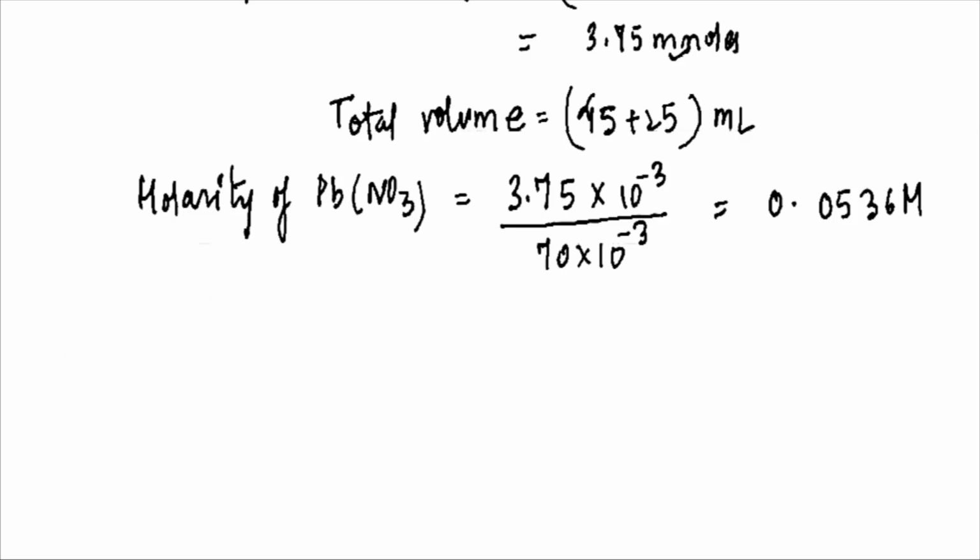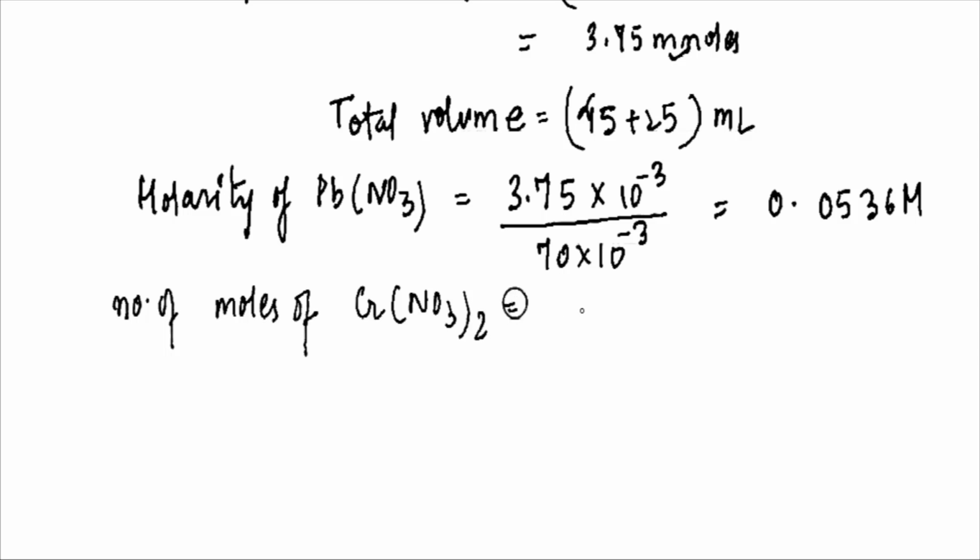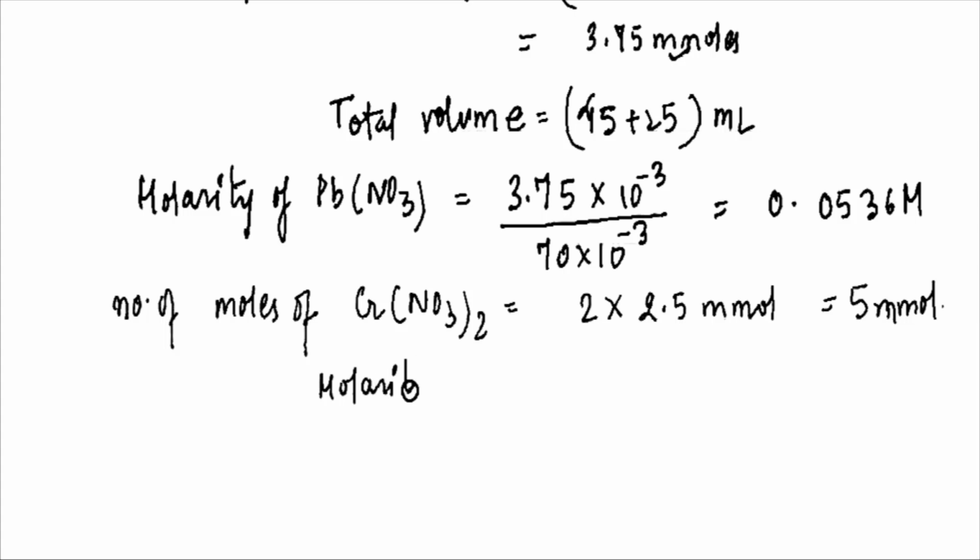Now we can go a little further. So let us calculate the number of moles of chromium nitrate that has been formed. So that will be equal to 2 times 2.5 millimoles, and this will be equal to 5 millimoles, right? Now for the same we can calculate the molarity.